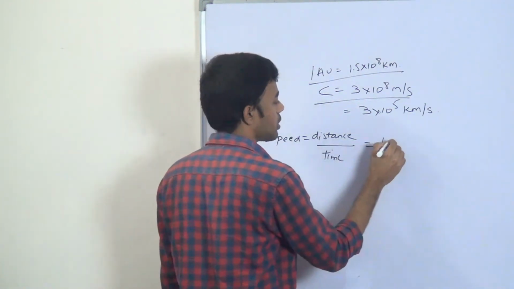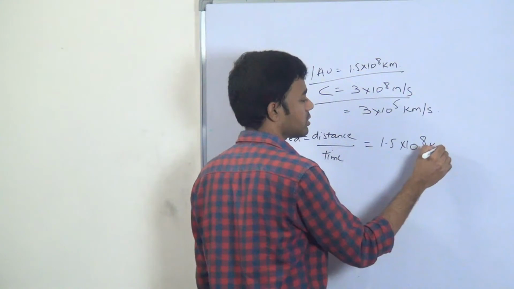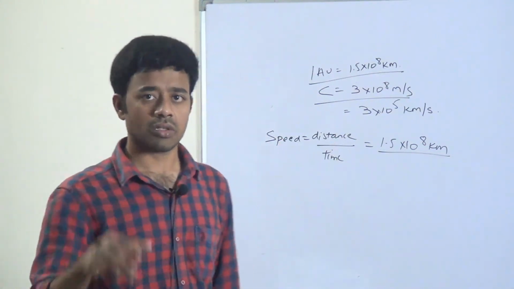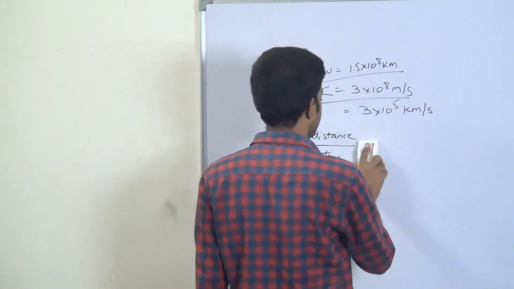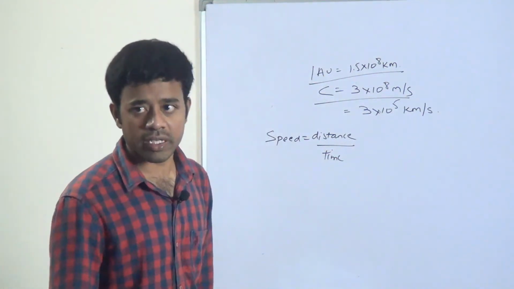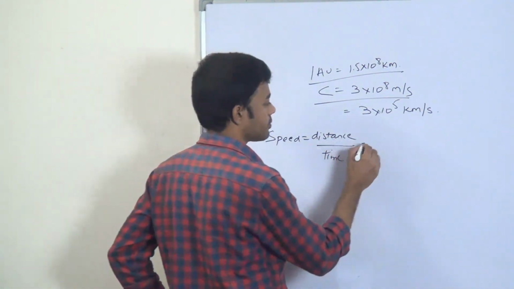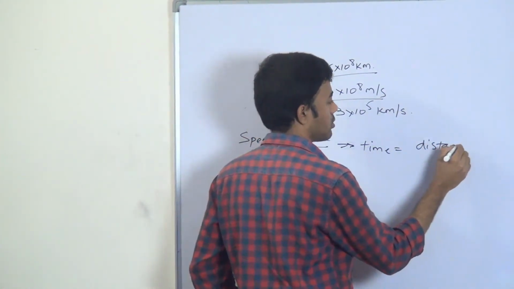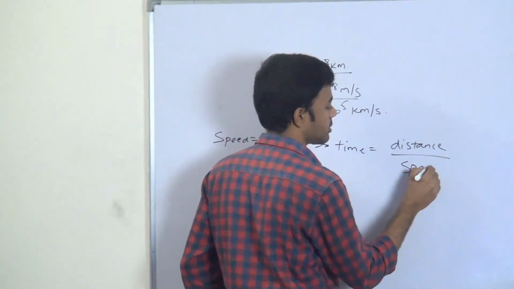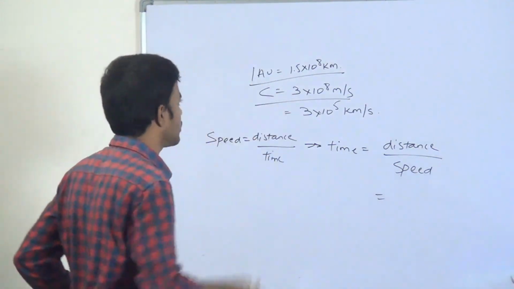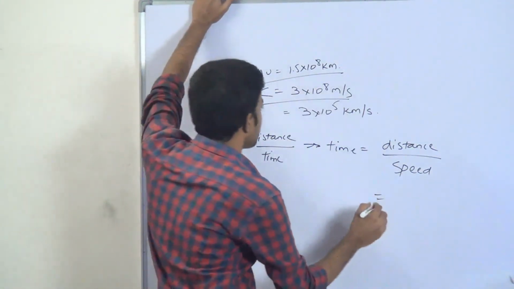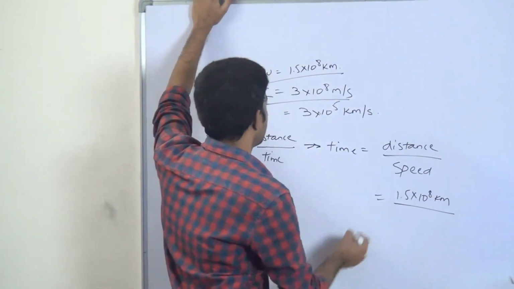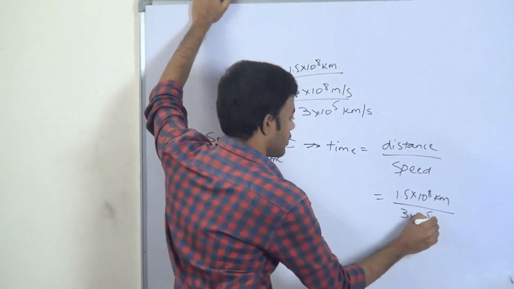Here the distance is 1.5 into 10 to the power of 8 kilometers, and the speed is 3 into 10 to the power of 5 kilometers per second.